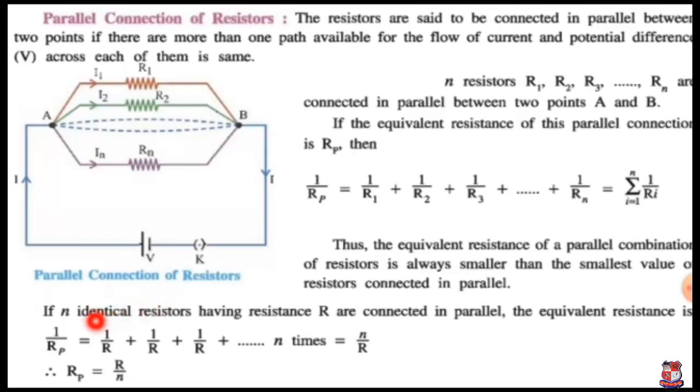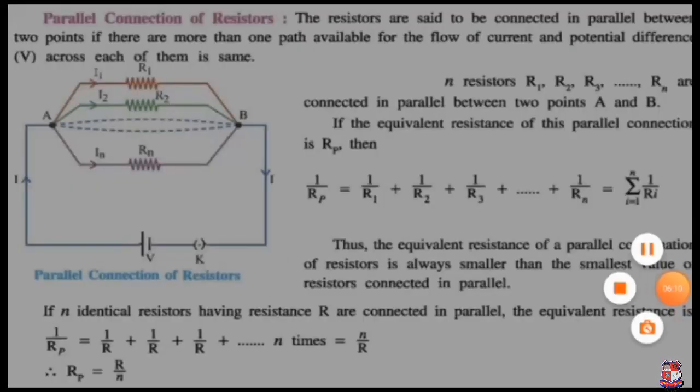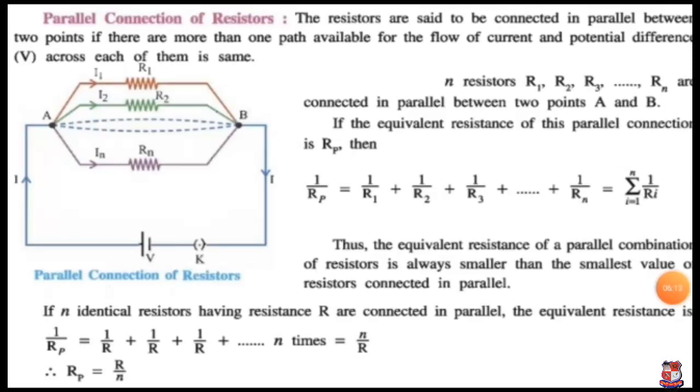Now again we will see a similar case where n identical resistors have the resistance value capital R. When these are connected in parallel, the equivalent resistance can be calculated as 1 upon Rp is equal to 1 upon R plus 1 upon R plus 1 upon R and so on, n times. So the final value will be n times 1 upon R. By taking the inverse on both sides, because you know that Rp is your equivalent resistance, not 1 upon Rp.